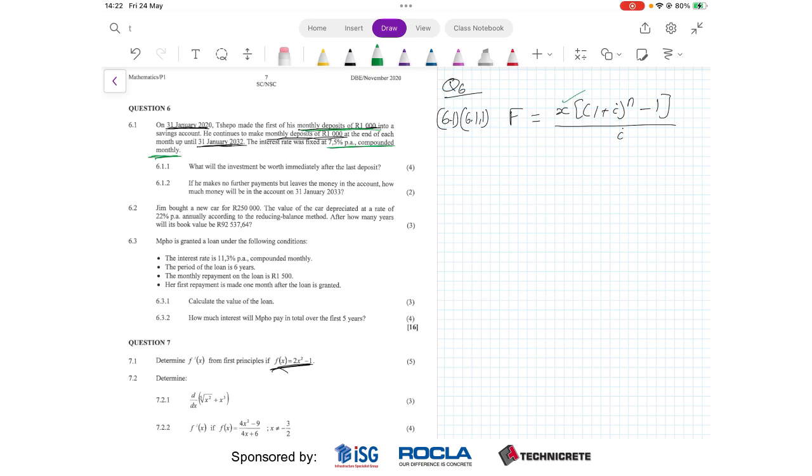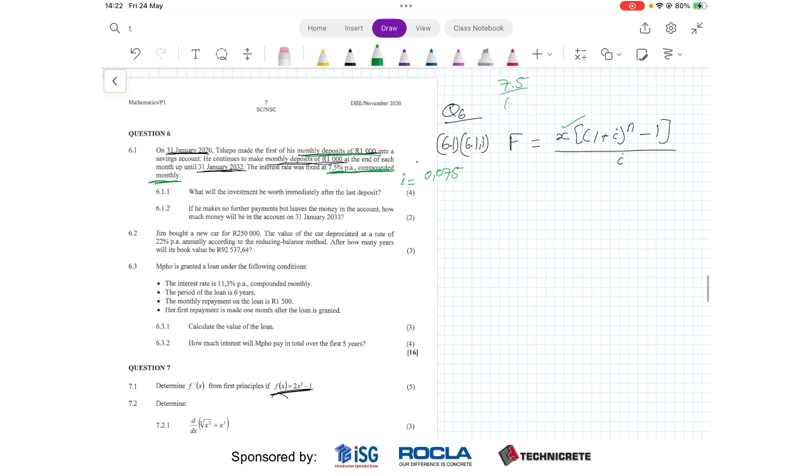We are told that it is compounded at 7.5% per annum compounded monthly, meaning your i is going to be given by 0.075, because 7.5% translates to 7.5 divided by 100, which is 0.075. So it's going to be 0.075 divided by the number of months for which it is compounded.